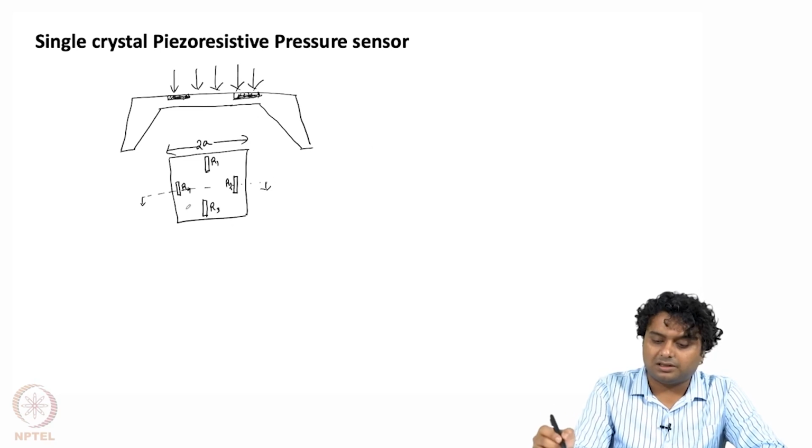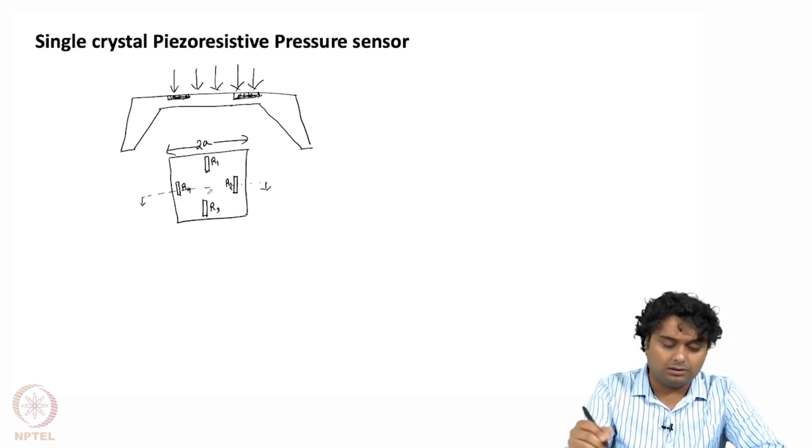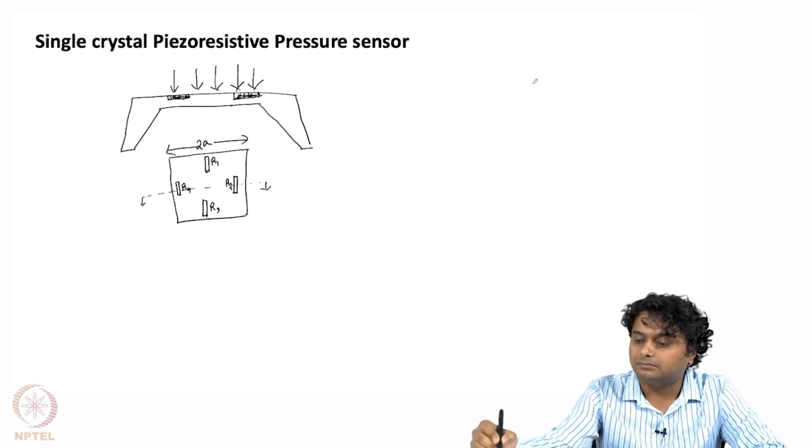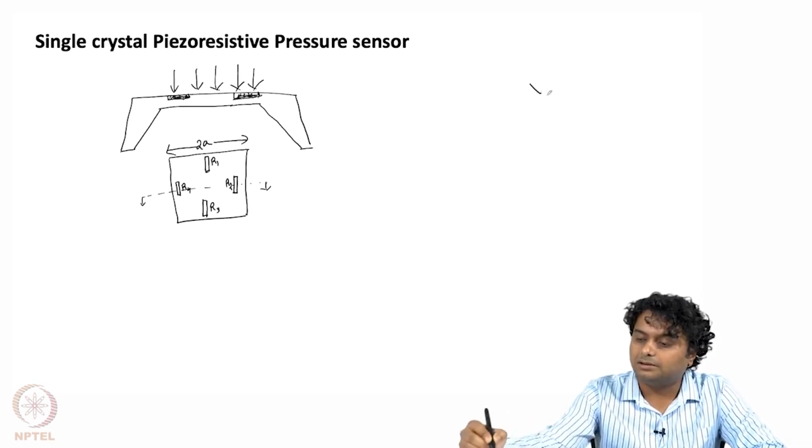We have measured the stress and strain along this axis, and then it is connected like a Wheatstone bridge.